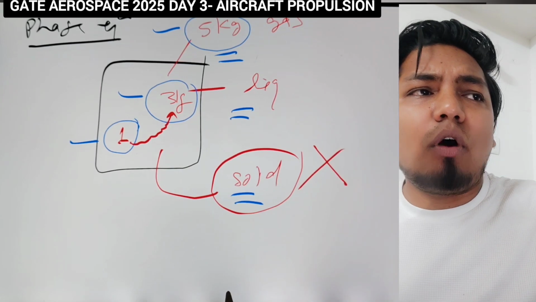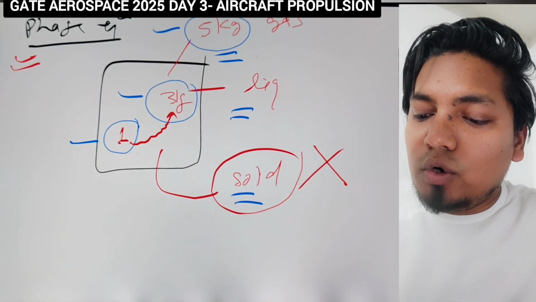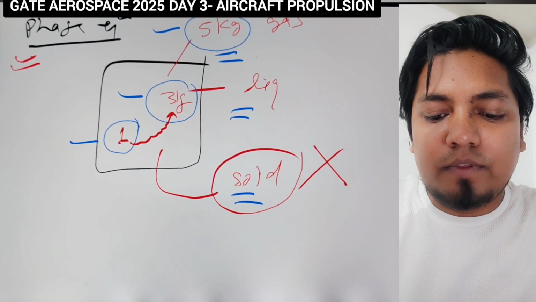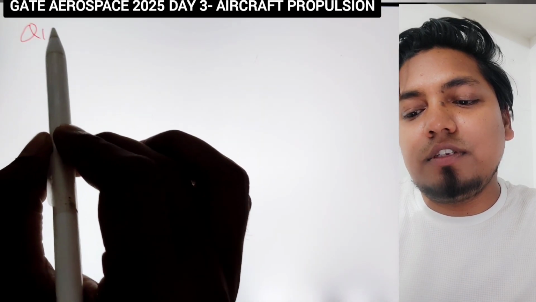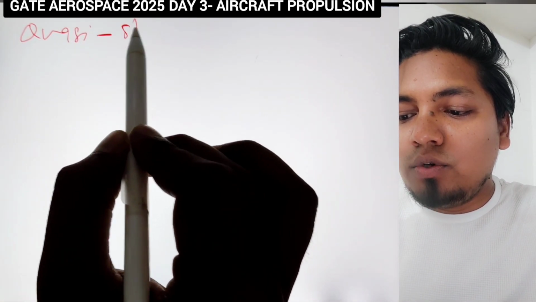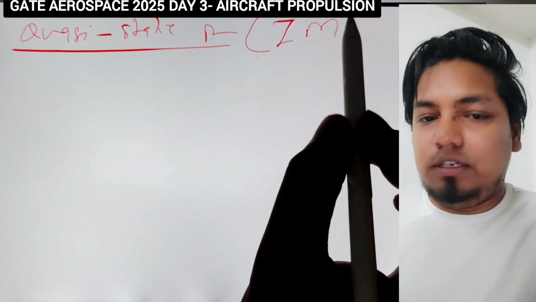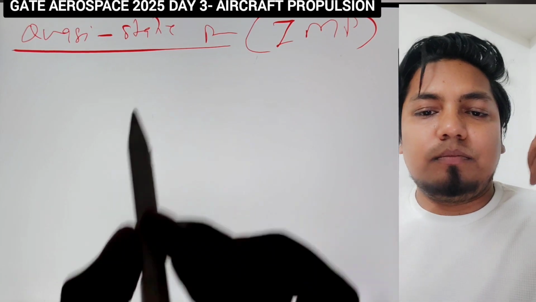Let's understand a very important process of thermodynamics that we call the quasi-static process. QUASI, quasi-static process. What do you mean by quasi-static process? This is important. In quasi-static process, static means stationary, and quasi means almost.